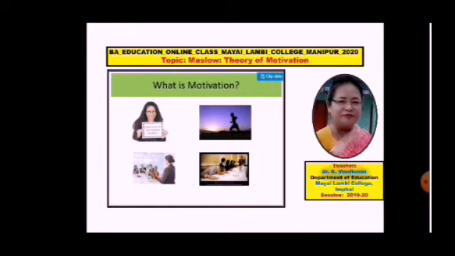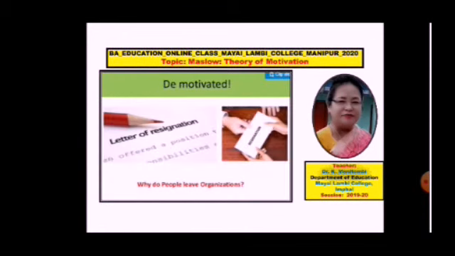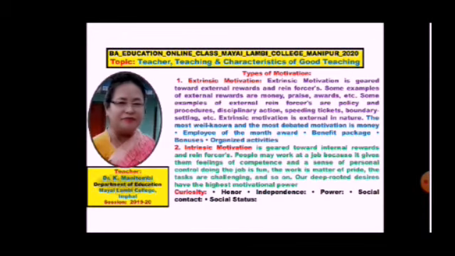Here one girl is laughing and the teacher is teaching and they are attentive, but some are walking and running, sunrises, and one teacher is teaching, then one fellow is sleeping here. So Maslow's theory of motivation, and another diagram: motivated. Why do people leave that organization? Can we see that diagram?